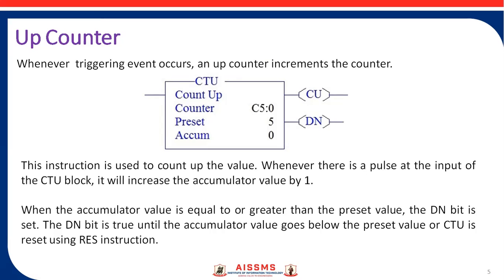When the accumulator value is equal to or greater than preset value, the done bit is set. The done bit is true until the accumulator value goes below the preset value or up counter is reset using RES instruction.